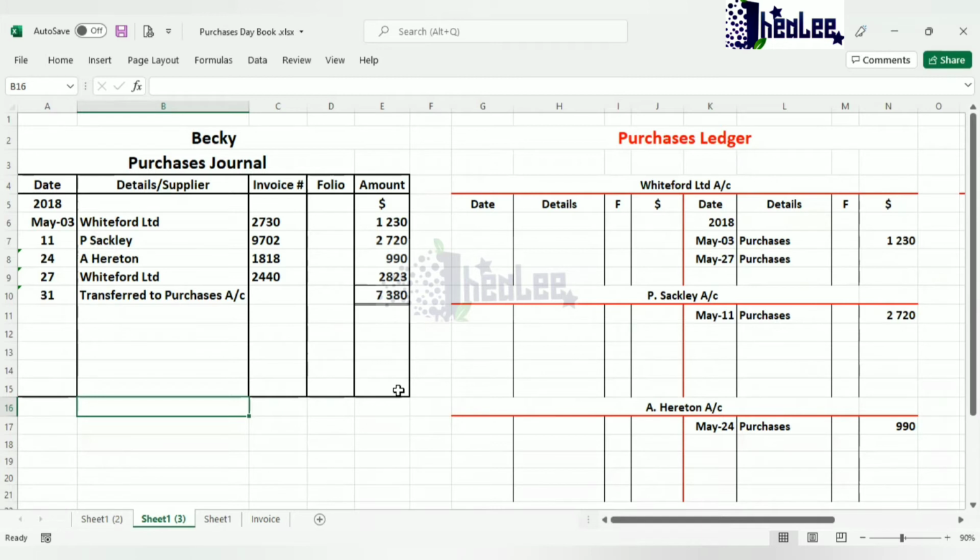So within the accounting system, PL stands for purchases ledger and PJ stands for purchases journal. Now, each book of original entry has a page number. For the purchases journal, I'm going to call it PG 15, which says the purchases journal is located on page 15.